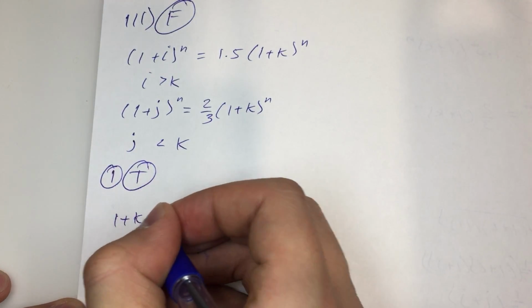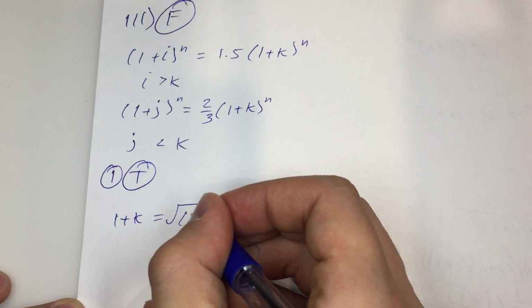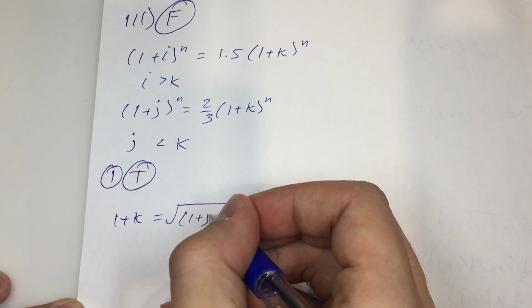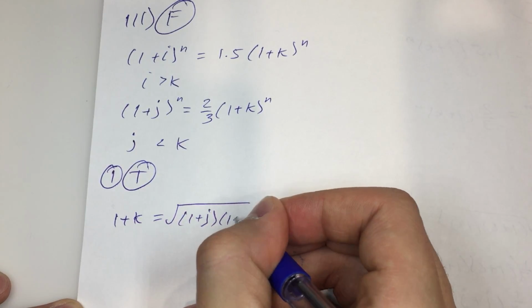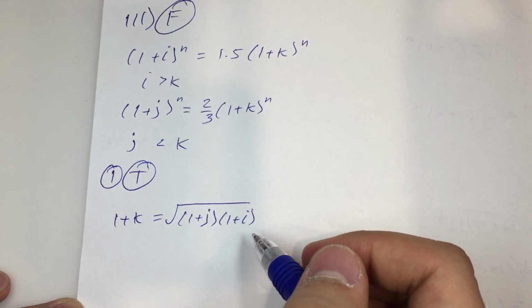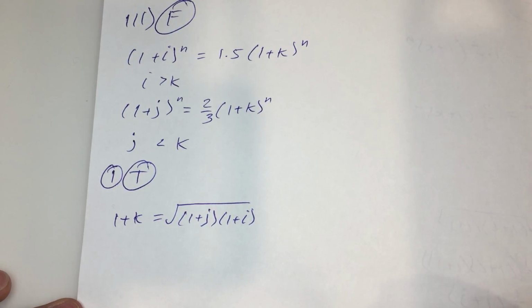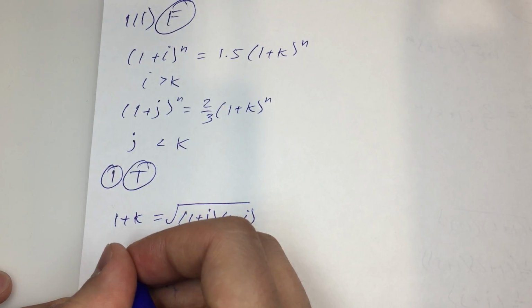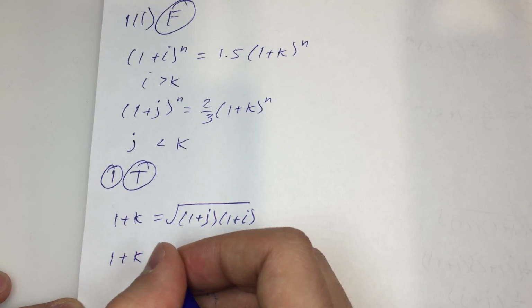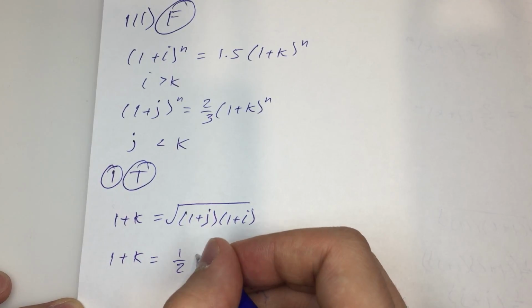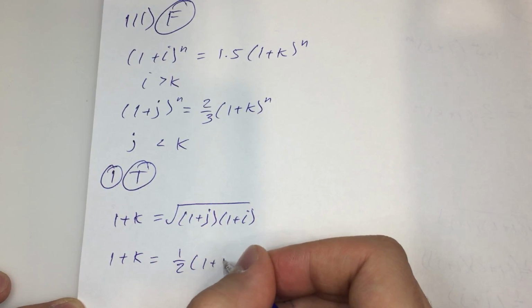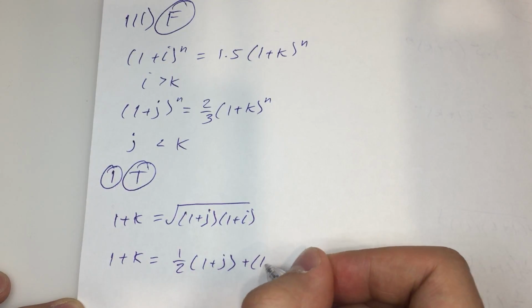Lastly, (1 plus k) actually equals the square root of (1 plus j) times (1 plus I). So this is the geometric mean of 1 plus I and 1 plus j. But we know that the geometric mean is less than the arithmetic mean, and the arithmetic mean is 1/2 times (1 plus j plus 1 plus I).